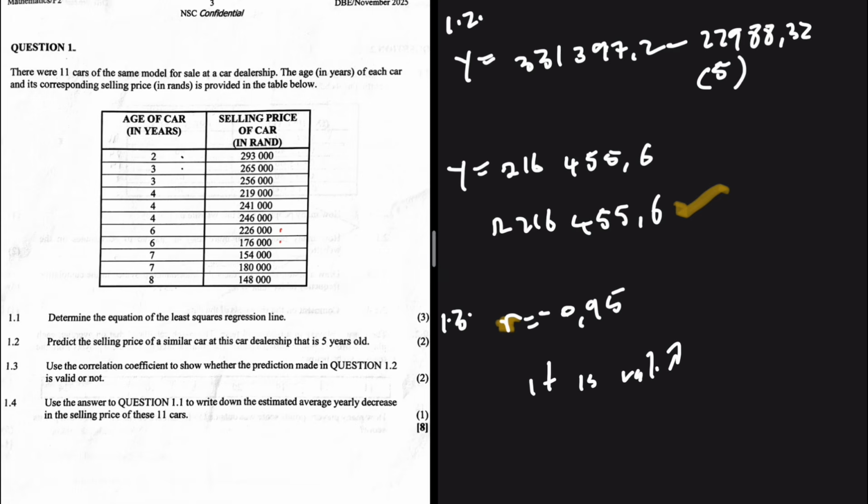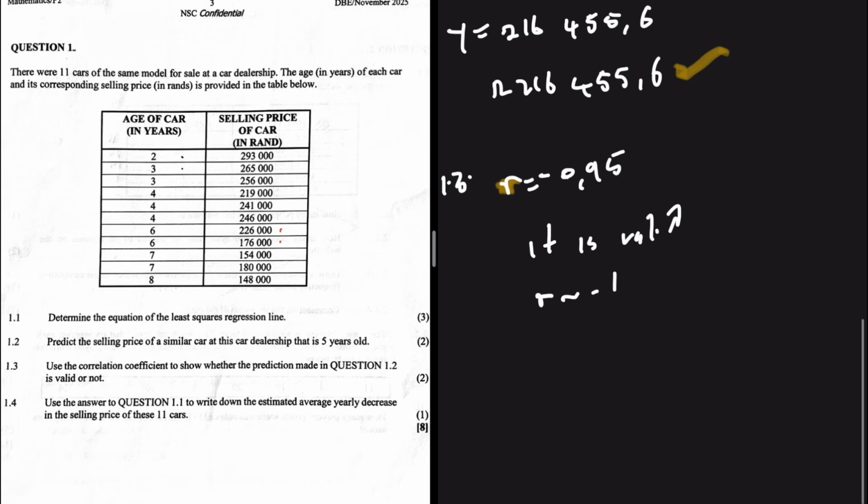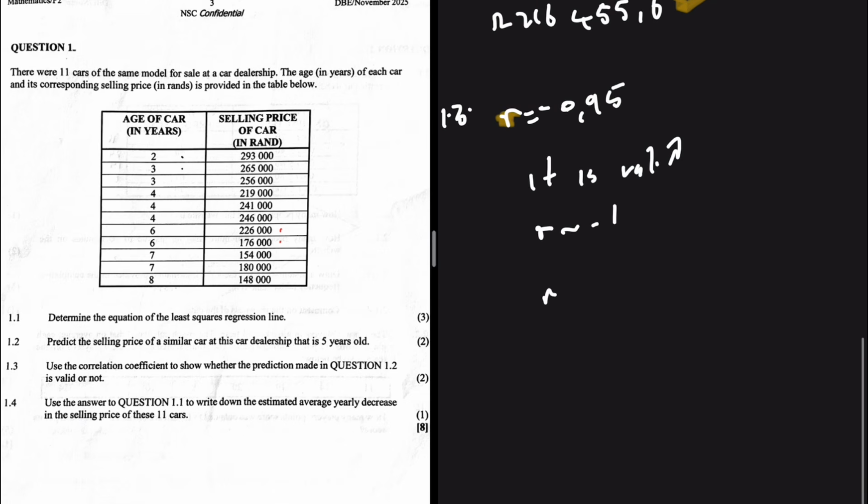It is valid because R is closer to minus 1. We can say R is less than minus 0.9. When the correlation is very close to 1 or very close to minus 1, there's a strong correlation. In this instance, it is a strong negative correlation, and if it was positive, it would be a strong positive correlation.